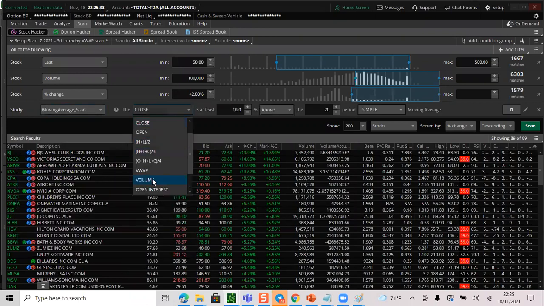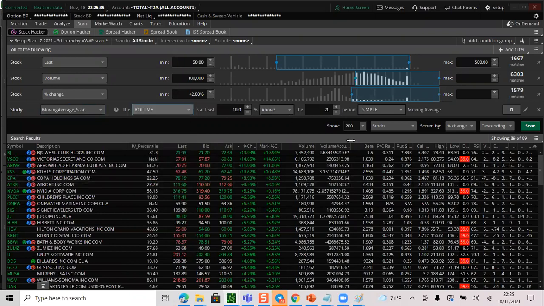You can see this right here, right? Okay, you can see right here. I just selected the volume, and the volume is right above, let's say, 10% above, or from last 20 days, I see there is a huge volume coming up.